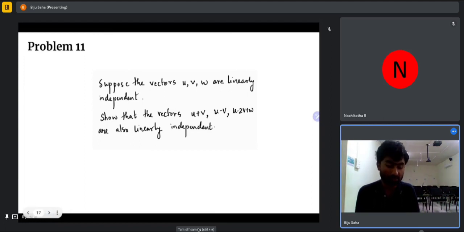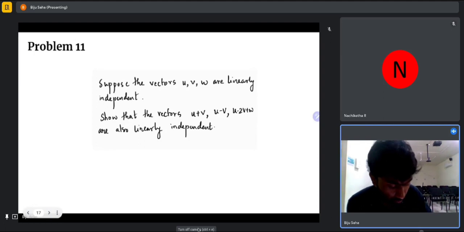Now the next problem is, suppose you have vectors u, v, w which are linearly independent, and you have to show that the vectors u plus v, u minus v, and u minus 2v plus w are also linearly independent. That is what you have to prove.